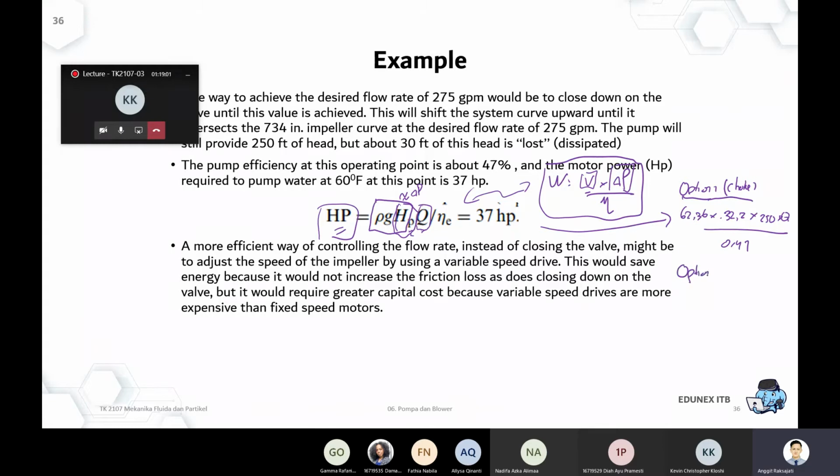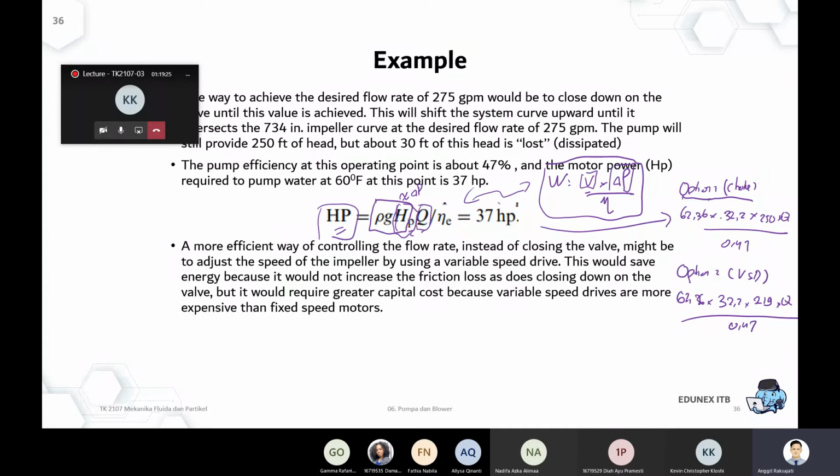Now, if you have option 2, you install the VSD, you lower the RPM, the density is still the same, gravity constant is still the same. Instead of 250, now you produce exactly 219 feet because of the lower speed rotation, right? And you will save electricity.